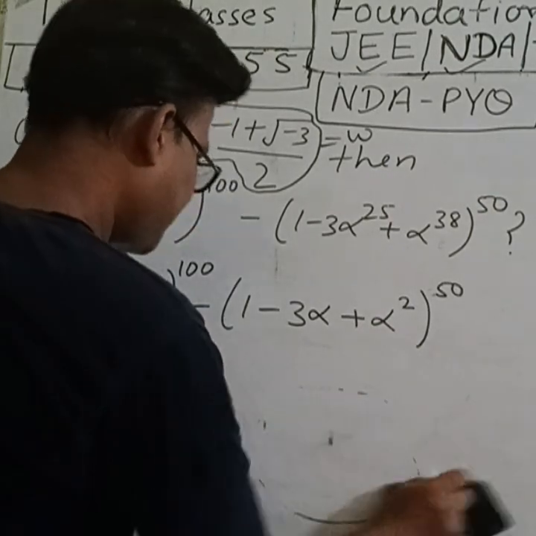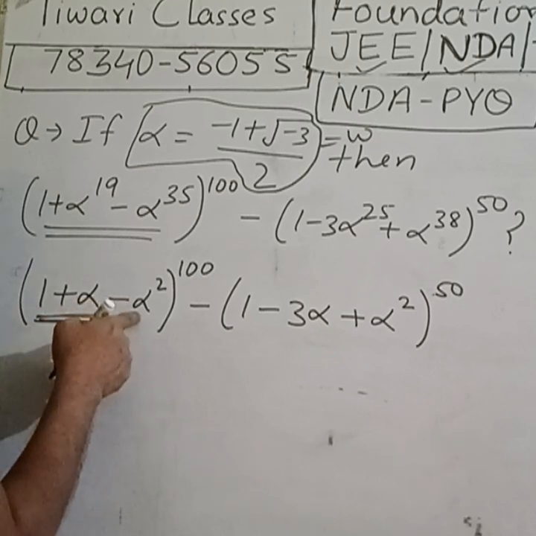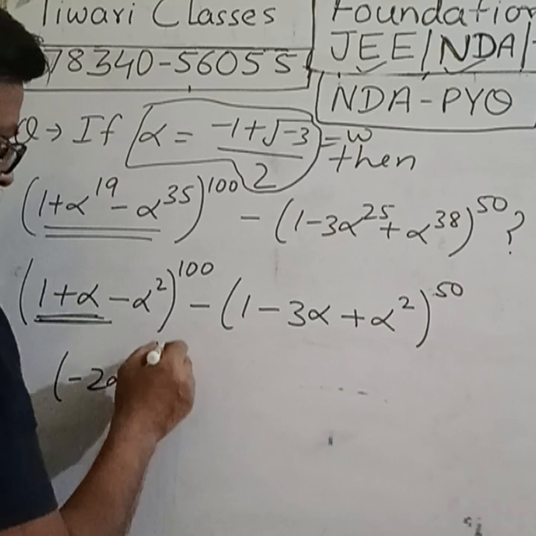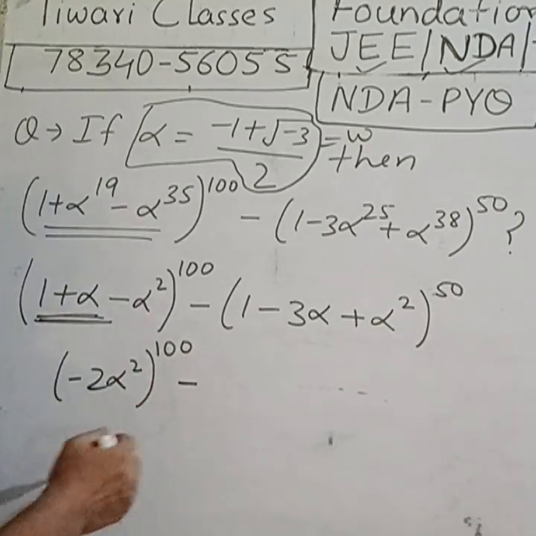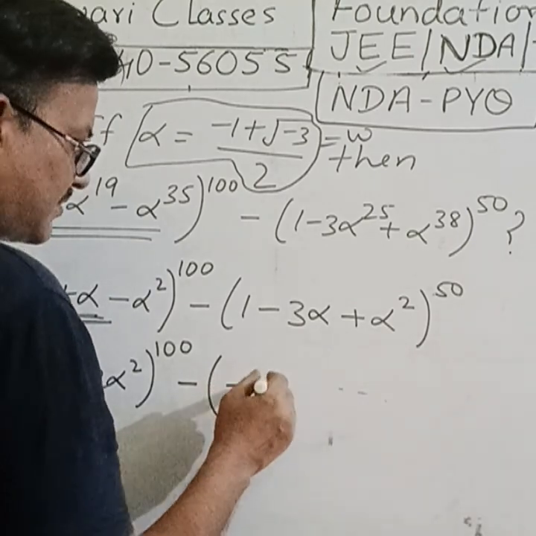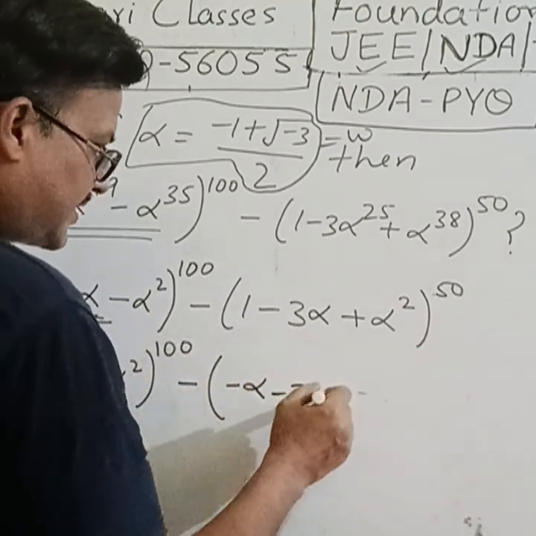So using these two expressions, 1 plus alpha is equal to minus alpha square. Substitute the value of minus alpha square. It will be minus 2 alpha square raised to the power 100, and 1 plus alpha square will be equal to minus alpha, and minus 3 alpha is already here.